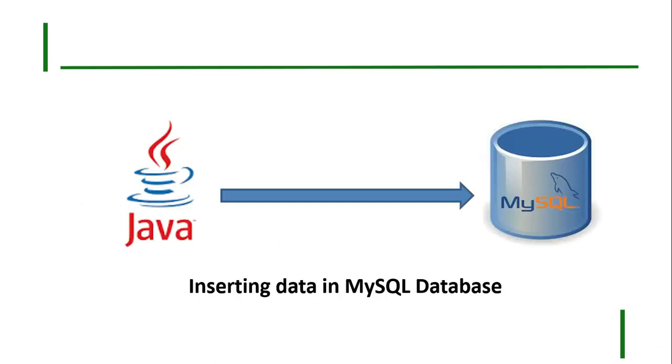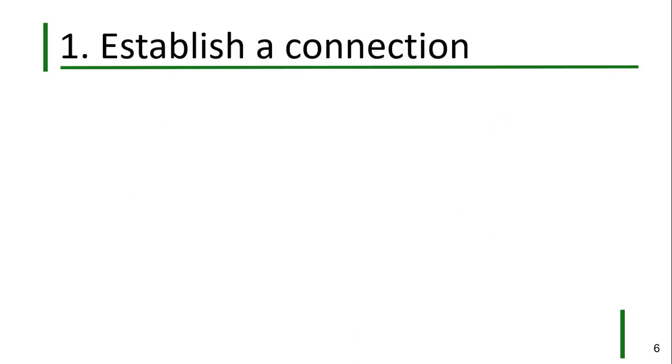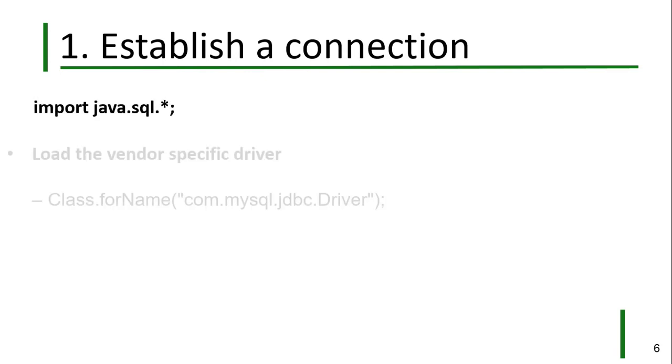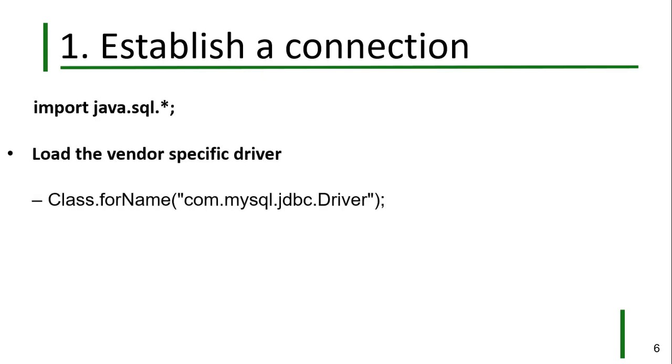First we will be seeing how we will be inserting data in a MySQL database and what all steps are involved. The first step is to establish a connection. To establish the connection, the first and most important thing that we need to do is to import the SQL package.